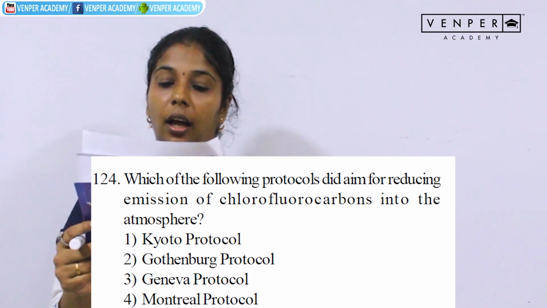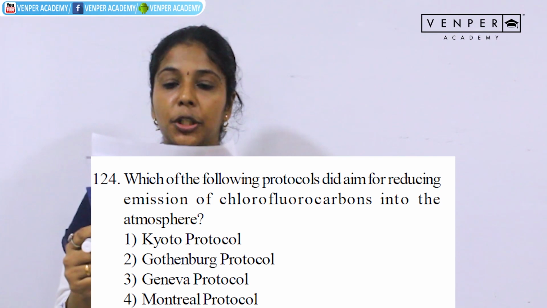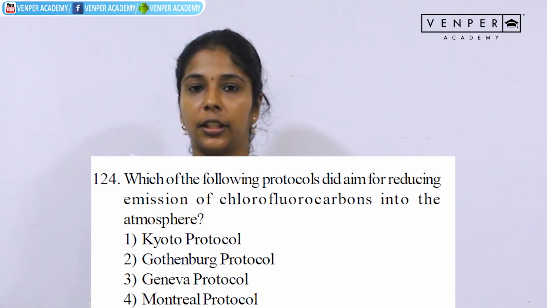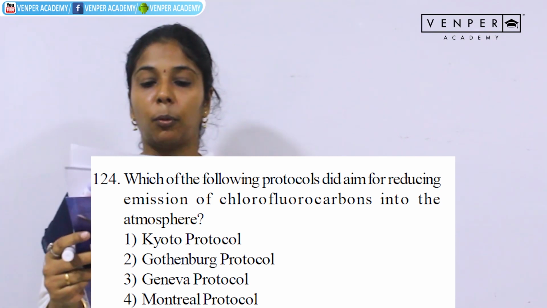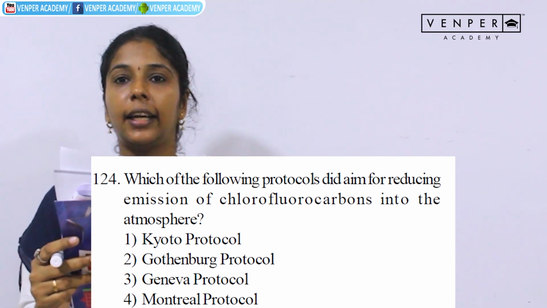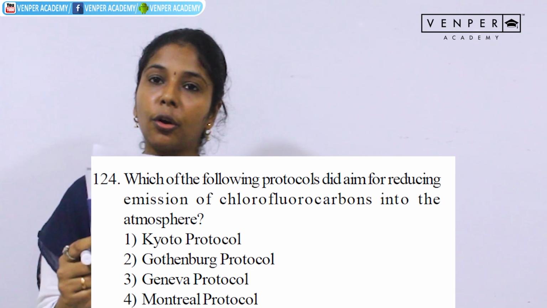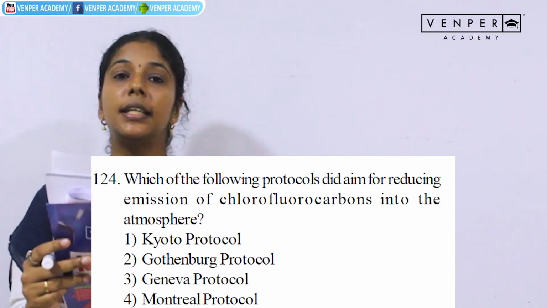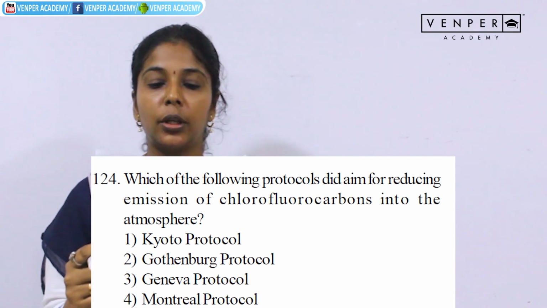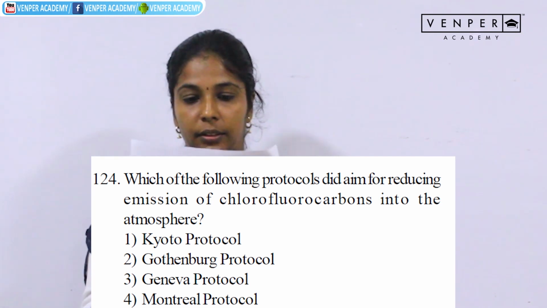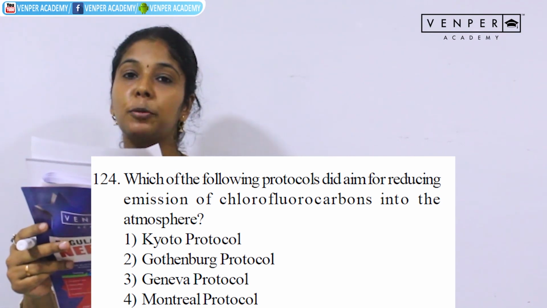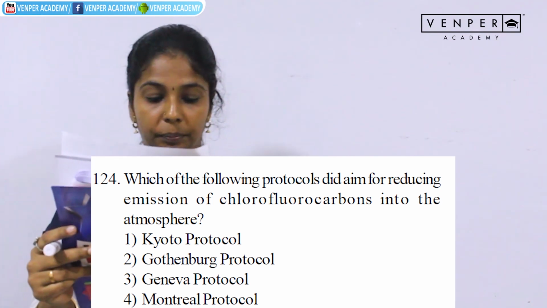Chlorofluorocarbons attack the ozone layer and cause its depletion. Recognizing this deleterious effect, an international treaty was signed at Montreal in 1987 and the protocol was effective from 1989. It is to control the emission of ozone depleting substances. So the answer for question number 124 is option 4, Montreal Protocol.